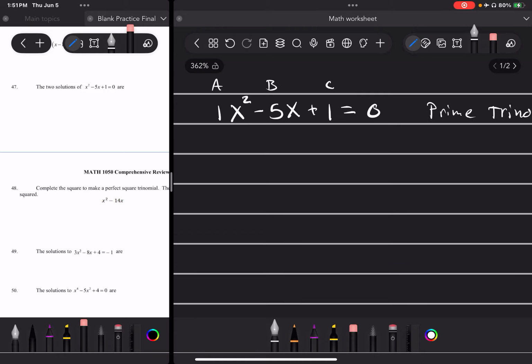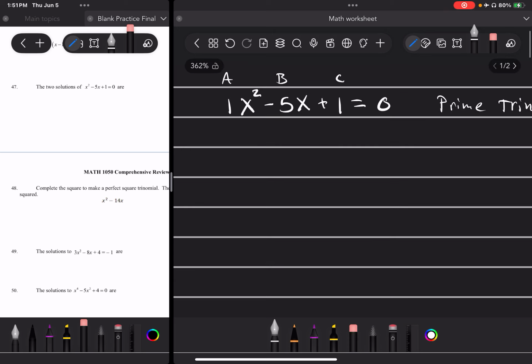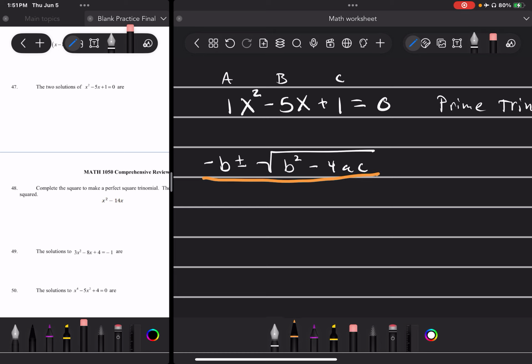So we are going to use our quadratic equation. Let's remember how to write that out first. The 3 steps for using any formula: you write it out. Negative b plus or minus square root b squared minus 4ac, all over 2a.